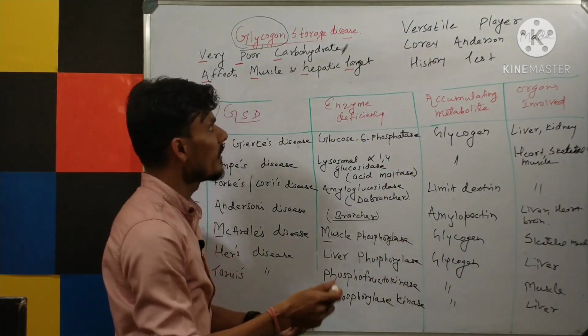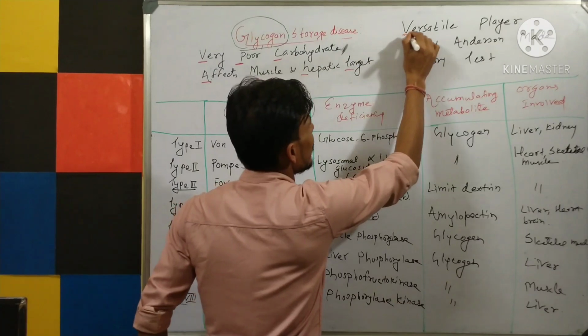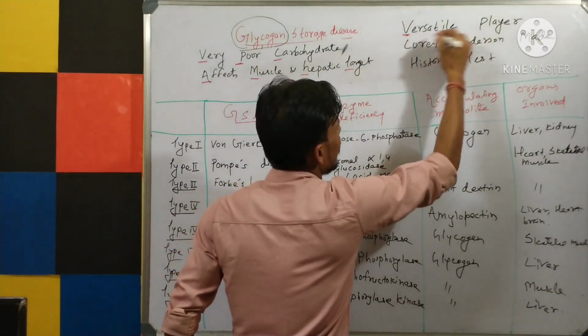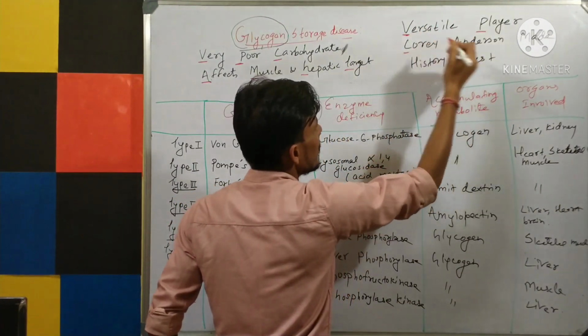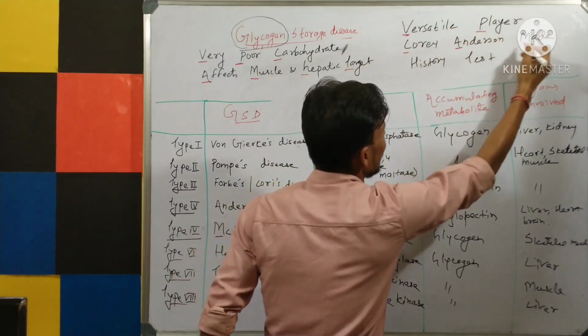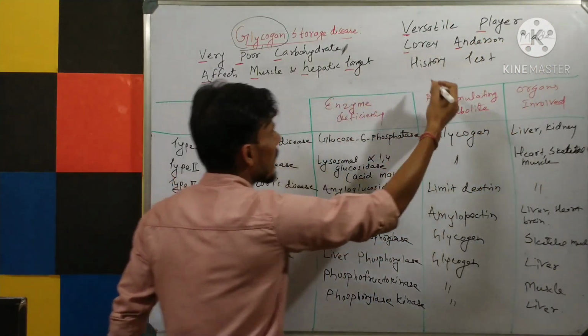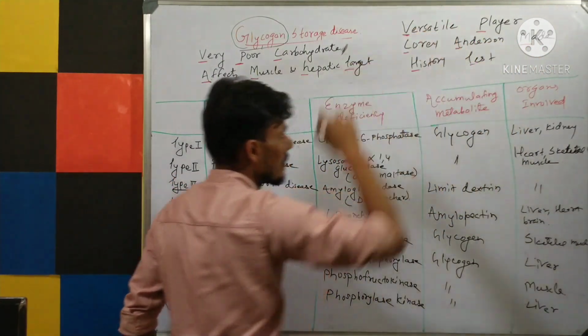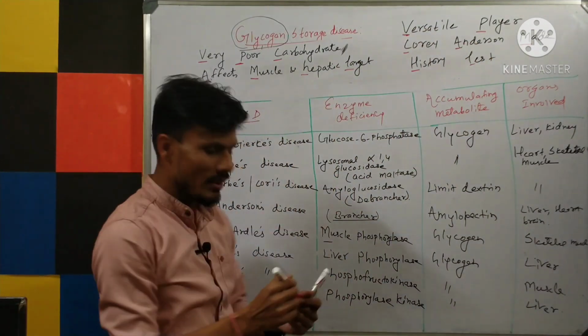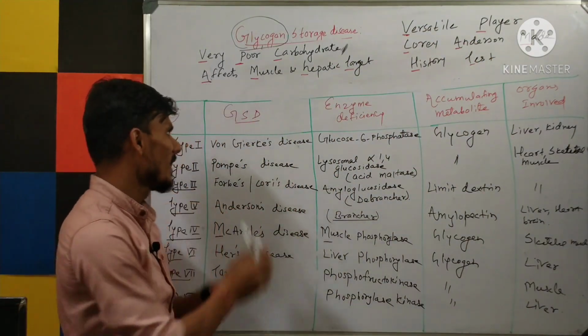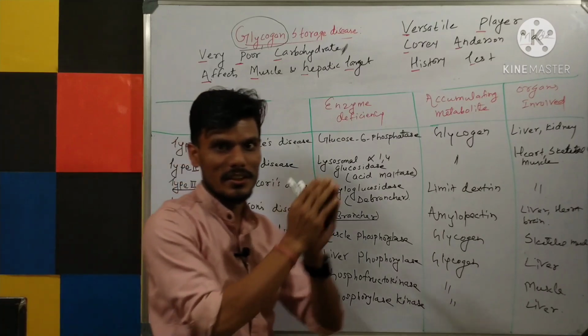He is a cricket player, Corey Anderson. So again, you can remember V, Von Gierke; P, Pompe; C, Cori; Anderson is Andersen only; M means McArdle's, Hers, and then Tarui disease. In this way, you can remember the types of glycogen storage disease.